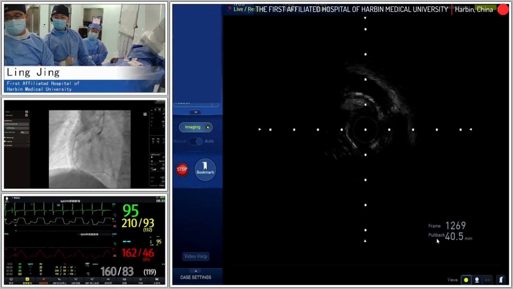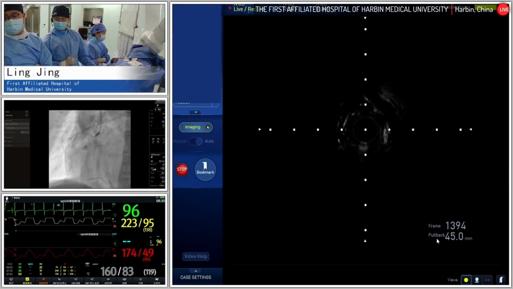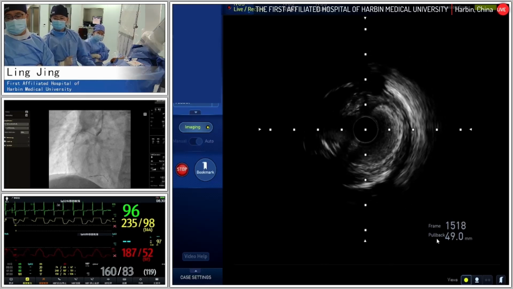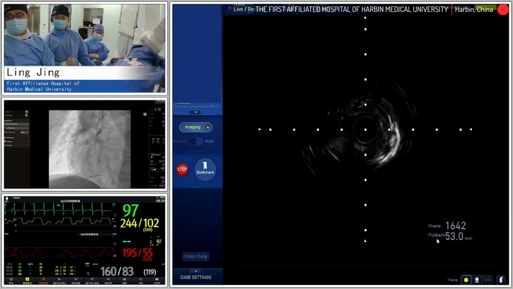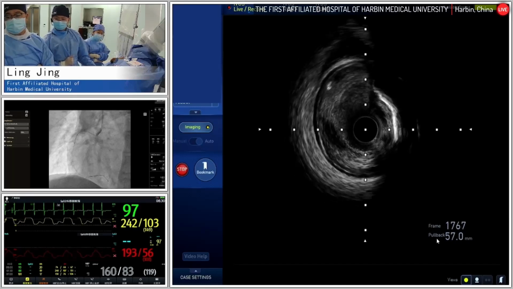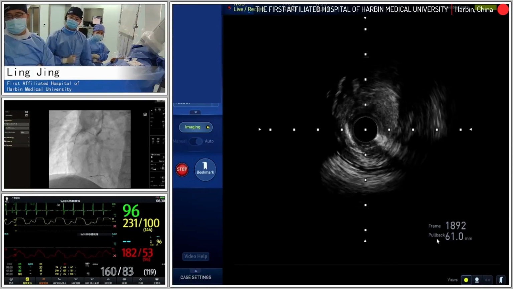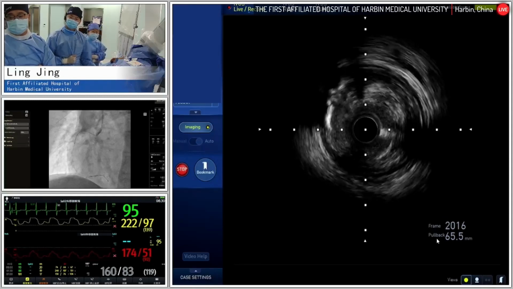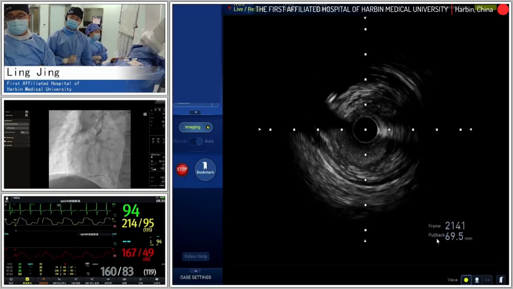Especially, we can see this is an attenuated segment that we just noticed. And in the image, attenuation over 300 degrees is a potential high risk of slow flow or no-flow phenomenon. So later we give some vasodilator to make some preparation for the potential slow flow phenomenon because we can see some highly attenuated plaque.